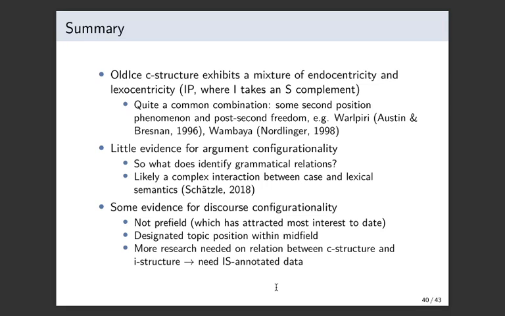And this combination of endocentricity and lexocentricity seems to be quite common, namely that there's various languages where we have some second position phenomenon, and then after this second position, post-second, we've got quite a lot of word order freedom. And this is indeed what we find for some of the classic poster children of non-configurationality, right? The likes of Warlpiri and Wambaya. They all exhibit some type of this combination.